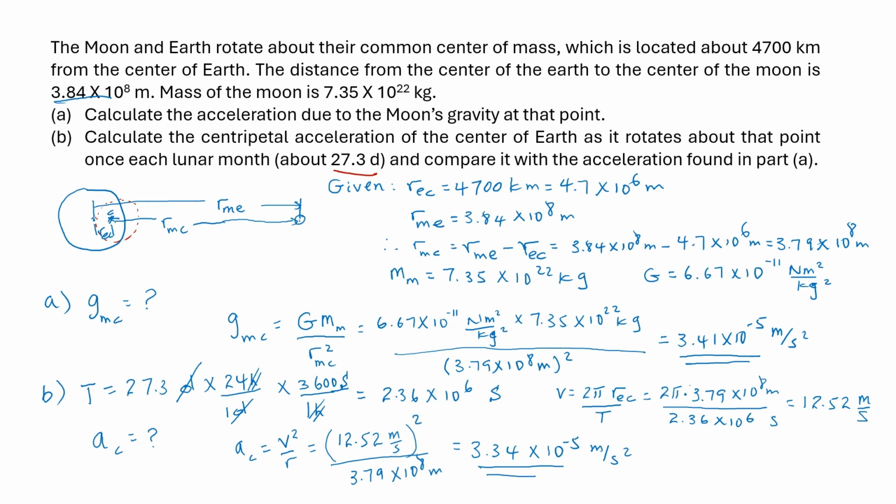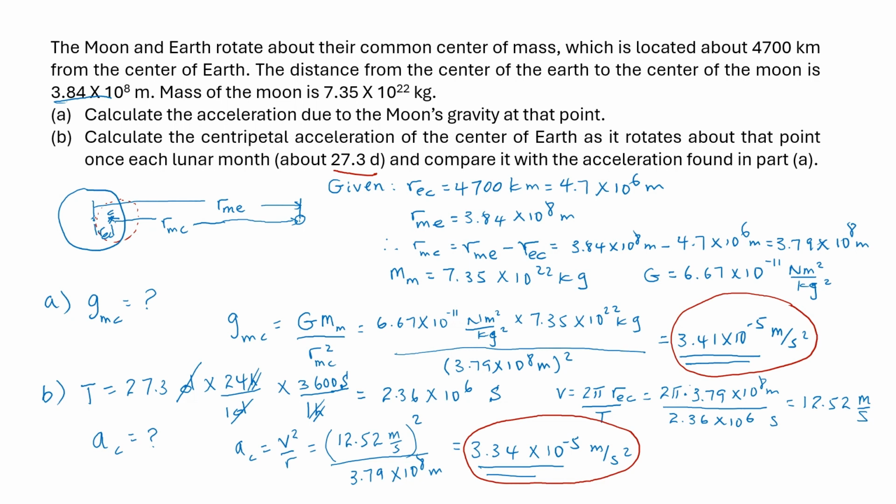Alright, these two numbers, the centripetal acceleration of the center of the Earth when orbiting the common center and the gravitational acceleration due to the Moon at that common center, are very close, except for some rounding difference. And what does that tell us? The cause of the circular motion of the Earth around the common center is the gravitational force due to the Moon.